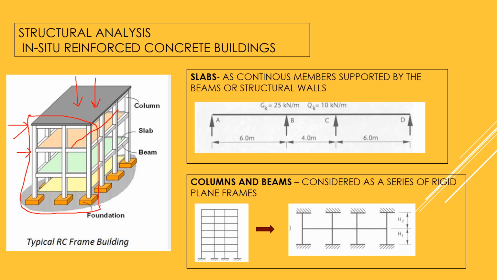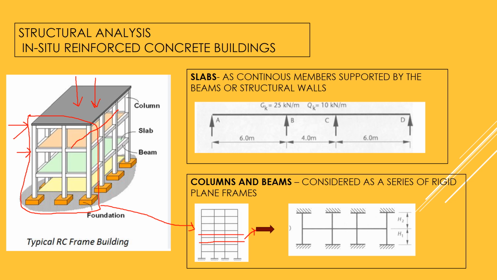Very commonly, what we do is select a particular beam at a particular floor level and its connecting columns. At the same time, there are some other ways. You can consider only the beam and its connecting columns, or only the column and its connecting parts. Normally, we take a beam at a particular floor level.